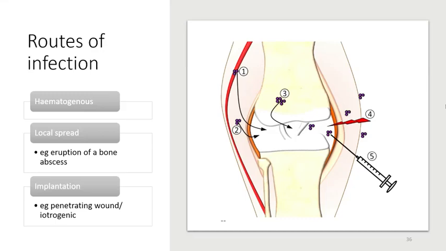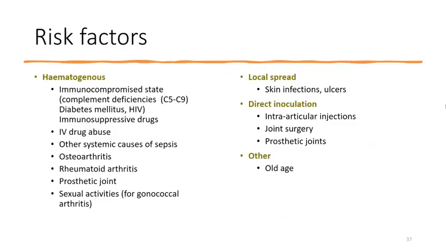So these people are at high risk of getting infection due to bacteria. There are many risk factors, as we discussed under acute osteomyelitis, involving acute septic arthritis as well.